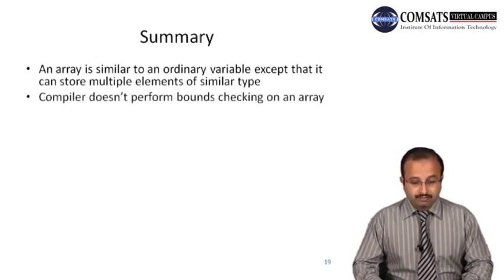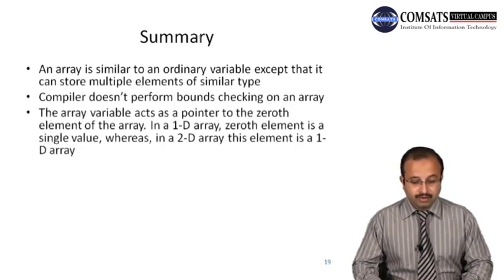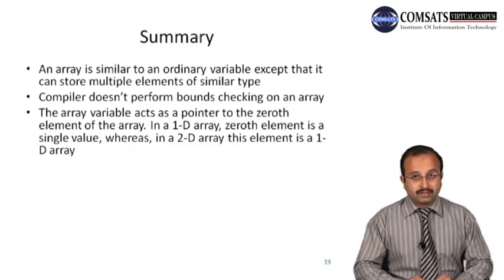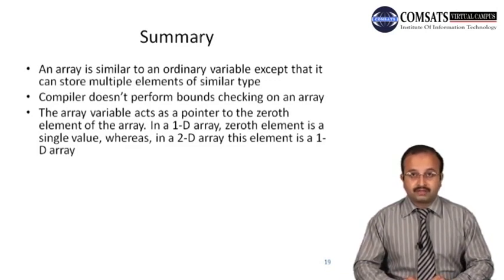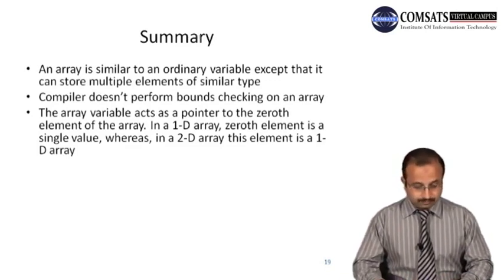The compiler does not perform bounds checking on an array. The array variable acts as a pointer to the 0th element of the array. In a one-dimensional array, the 0th element is a single value, whereas in a two-dimensional array, this element is the address of a one-dimensional array, as we have seen today.